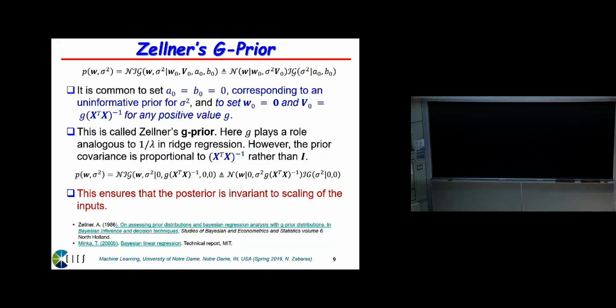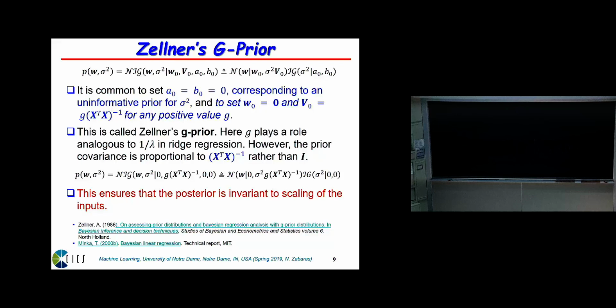If you have never seen it before, it's weird. It violates all the laws we have seen about prior models, because a prior should not depend on the data, but this prior depends on X. So it seems there is an issue there, but on the other hand, it has lots of nice features. It works.